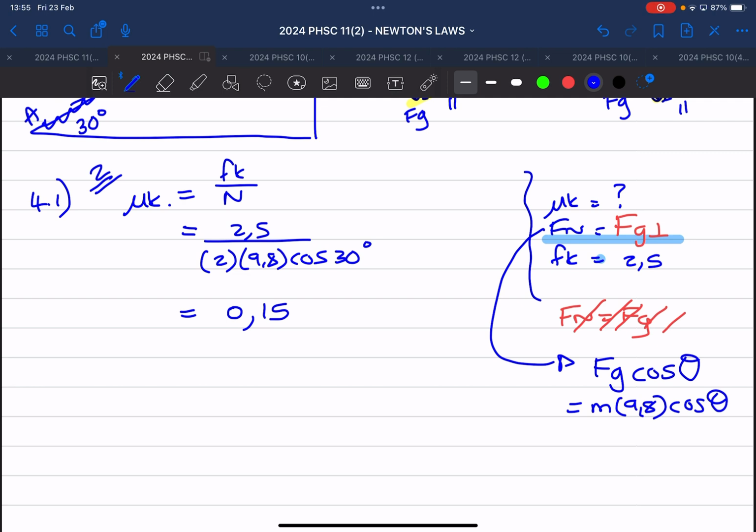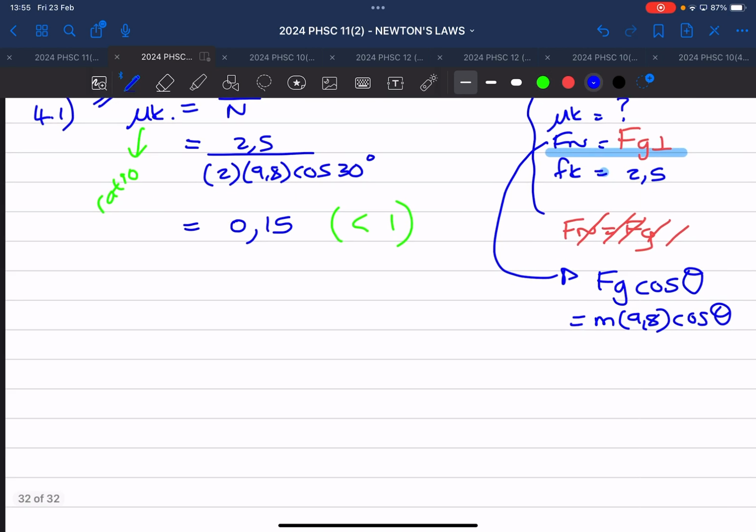The coefficient doesn't have any unit because it is a ratio. It should always be smaller than 1. Can I see who got this right?